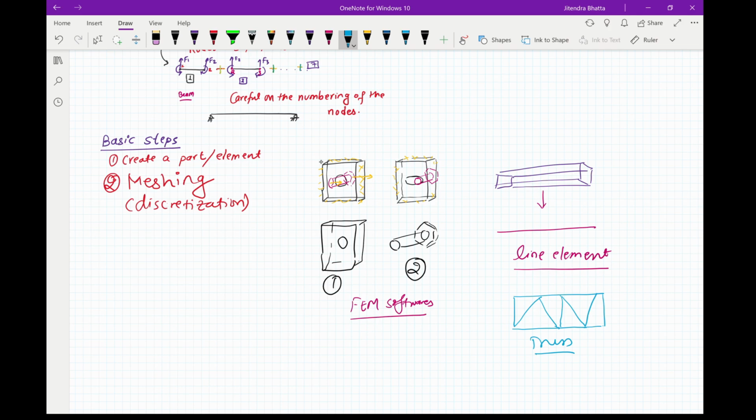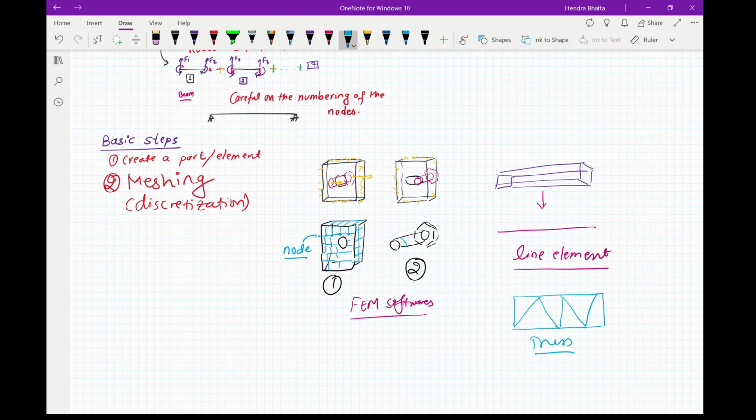For example, in this one, what you can do is we can discretize this into different squares like this. Or cuboids in 3D. Then each of these intersection points will serve as a node. Therefore, we'll obtain solutions at these number of nodes.